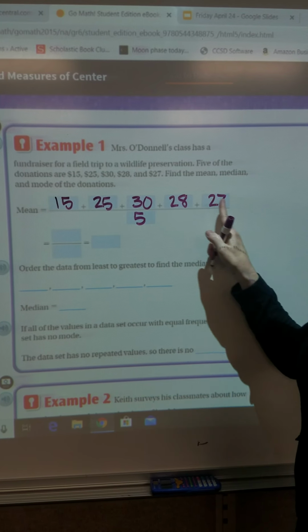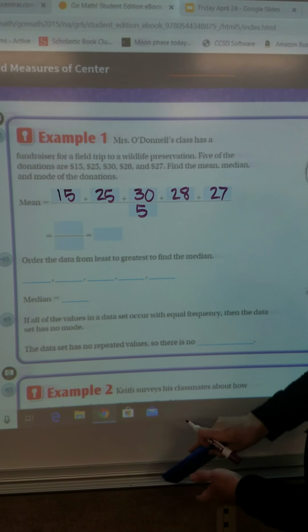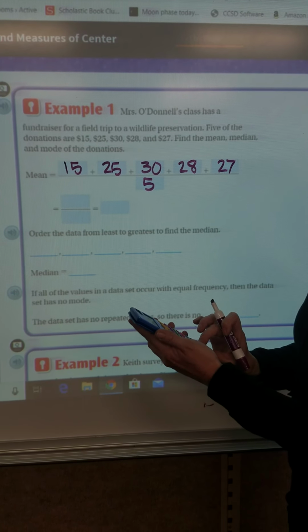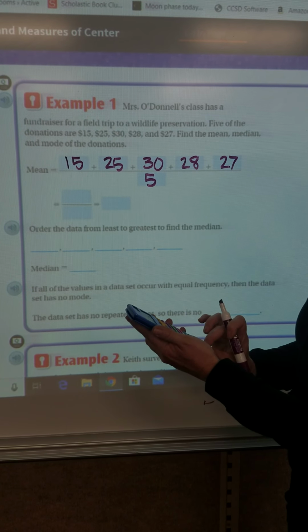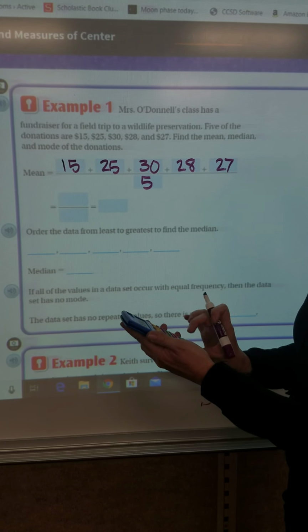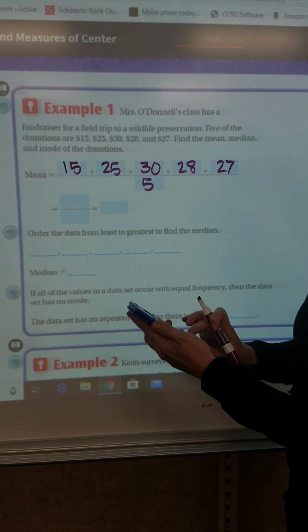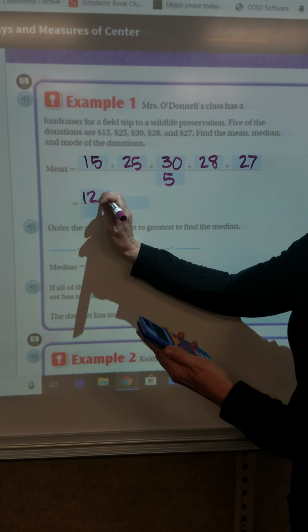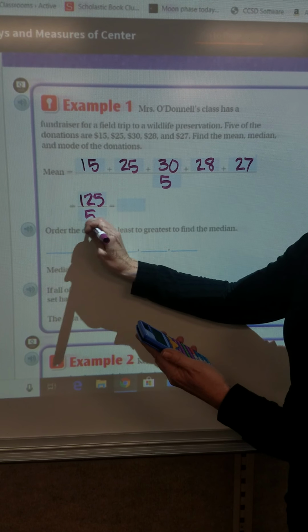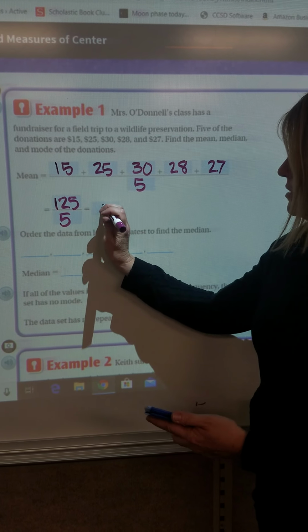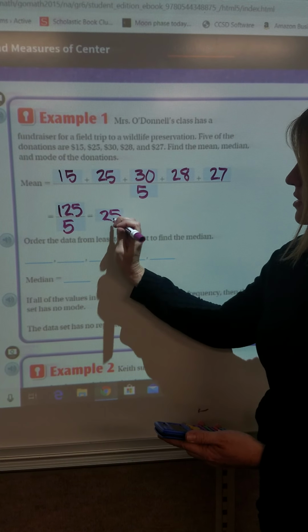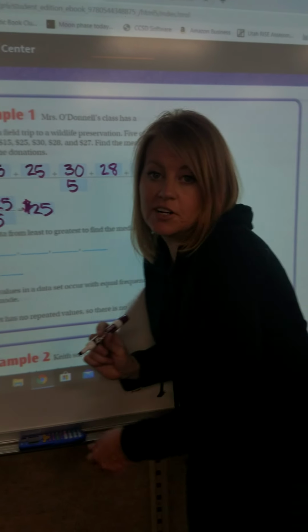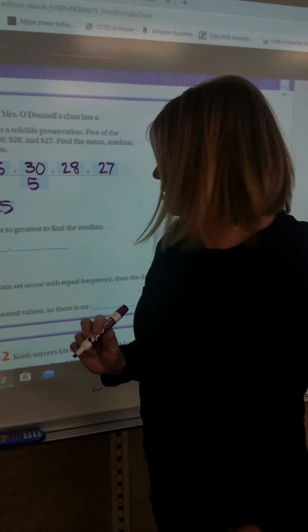So all of those added together, and then we're dividing by 5. 15 plus 25 plus 30 plus 28 plus 27 equals 125. Divided by 5 is $25. Okay, so the mean or the average of our data set would be $25.